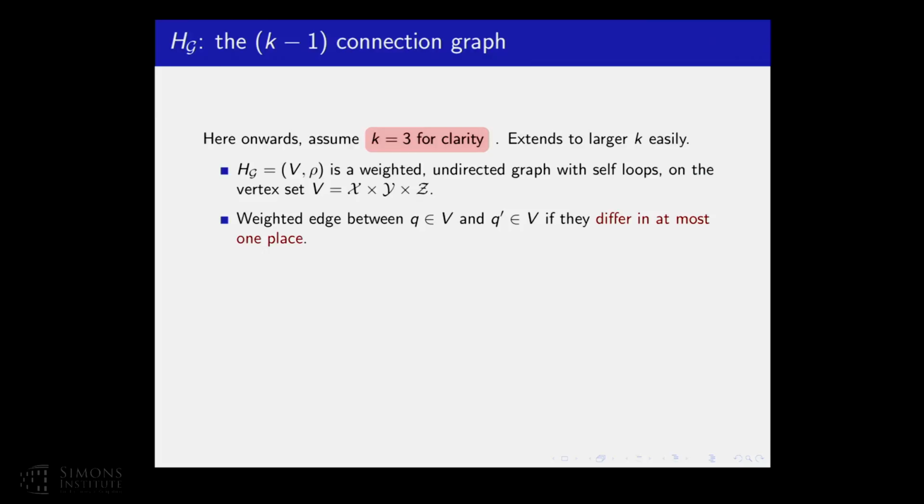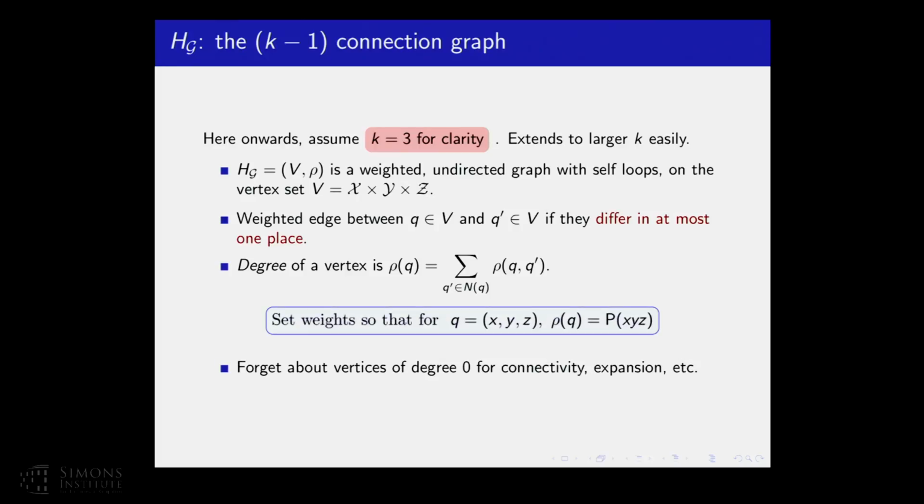The graph is weighted, and there's a weighted edge between 2 question tuples q and q prime if the Hamming distance between them is at most 1. So it has self loops and edges to other vertices at distance 1 from it. Because it's weighted, we define the degree of a vertex as the sum of the weights of all its out neighbors.